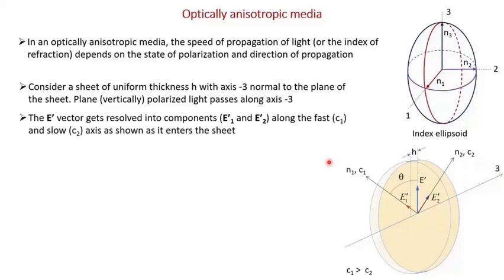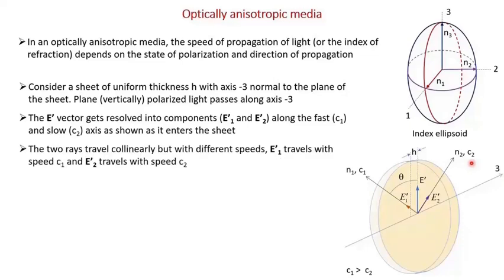Once the light enters this sheet, at the entrance the electric field vector will be resolved into two components, one along the N1 axis and the other along the N2 axis. These two components will travel through the sheet with different speeds.